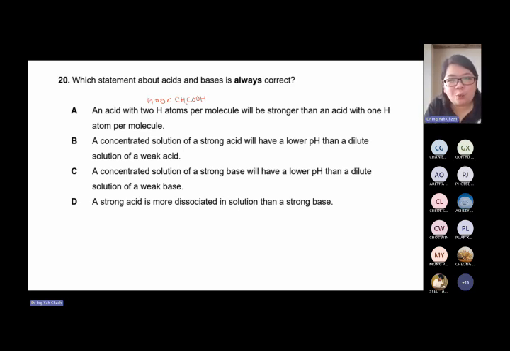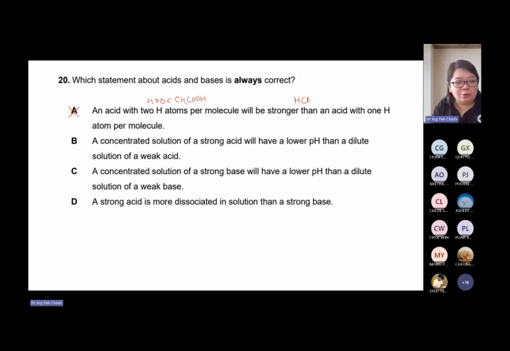It is actually always weaker than inorganic acid. So if I have this and I have HCl, although HCl has only 1 hydrogen atom per molecule and carboxylic acid has 2, HCl is still a strong acid, and carboxylic acid is still a weak acid, so it won't be stronger than HCl. So this is not always correct.